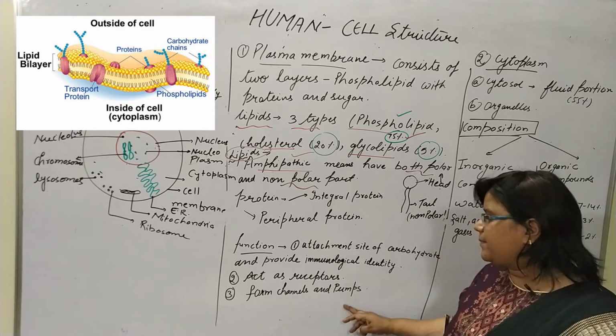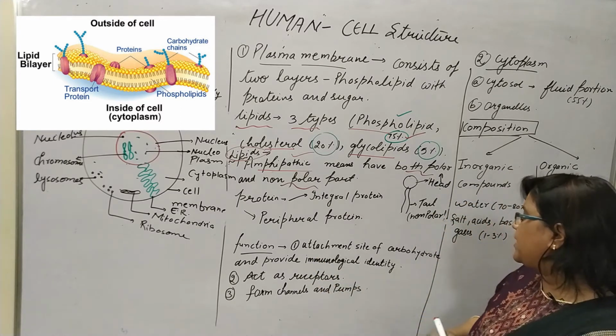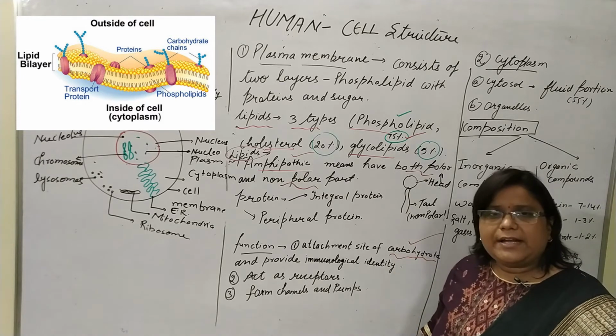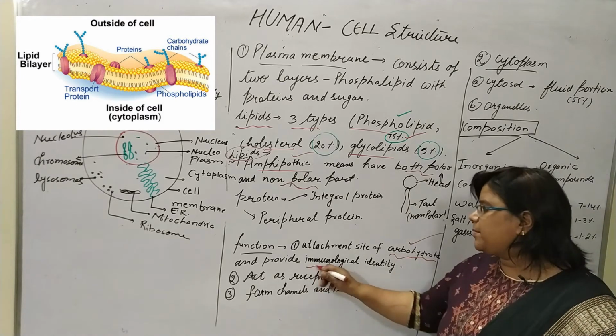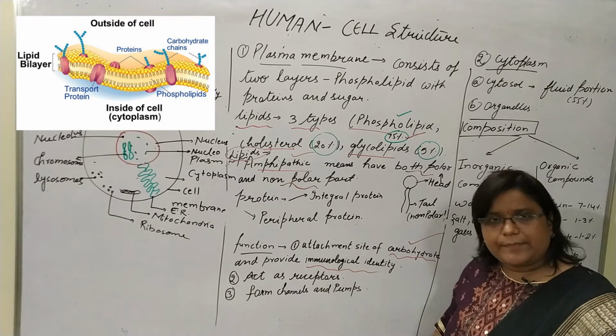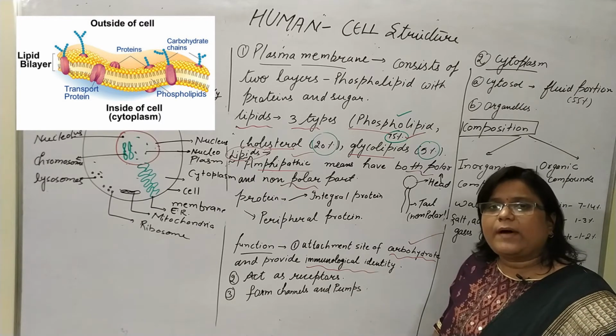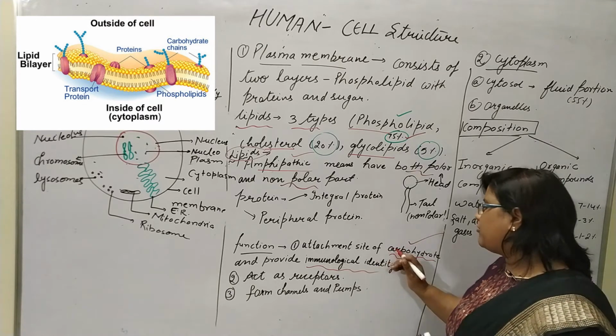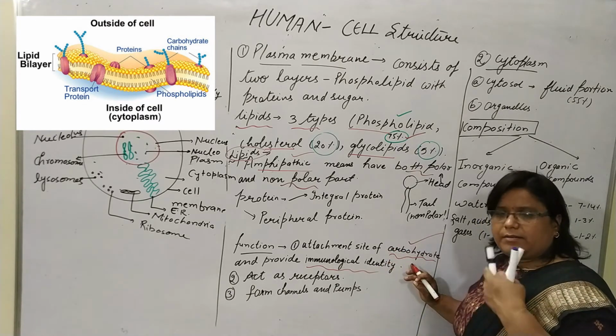As we have described here, these proteins provide the attachment site for carbohydrates, because carbohydrates are very important in the aspect of immunological identity; the cell gets its particular immunological identity with the help of carbohydrate types.